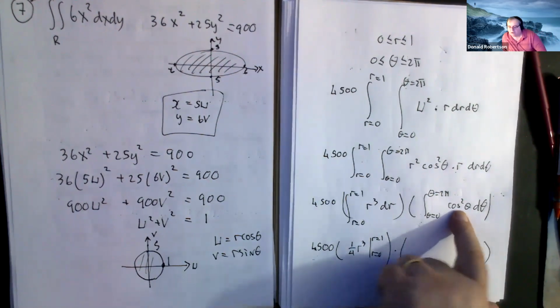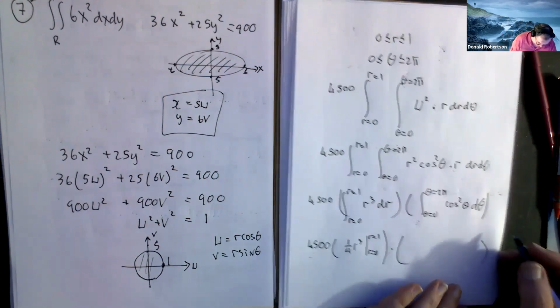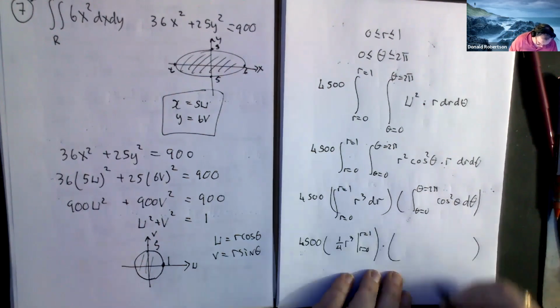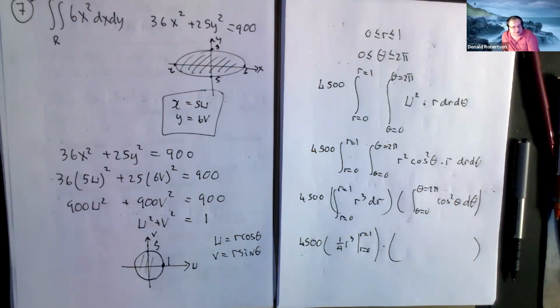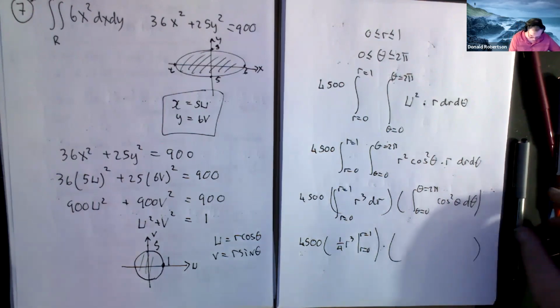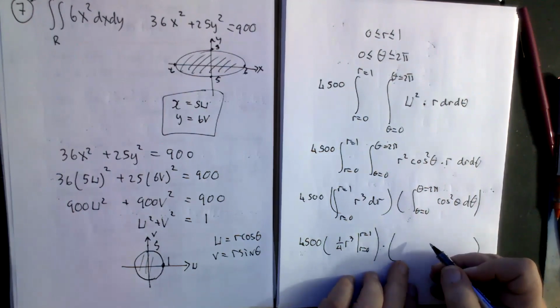And here's a little Calc 2 issue. How do you integrate cosine squared theta? What do you change cosine squared theta into so that you can actually integrate it? 1 plus cosine 2 theta over 2.